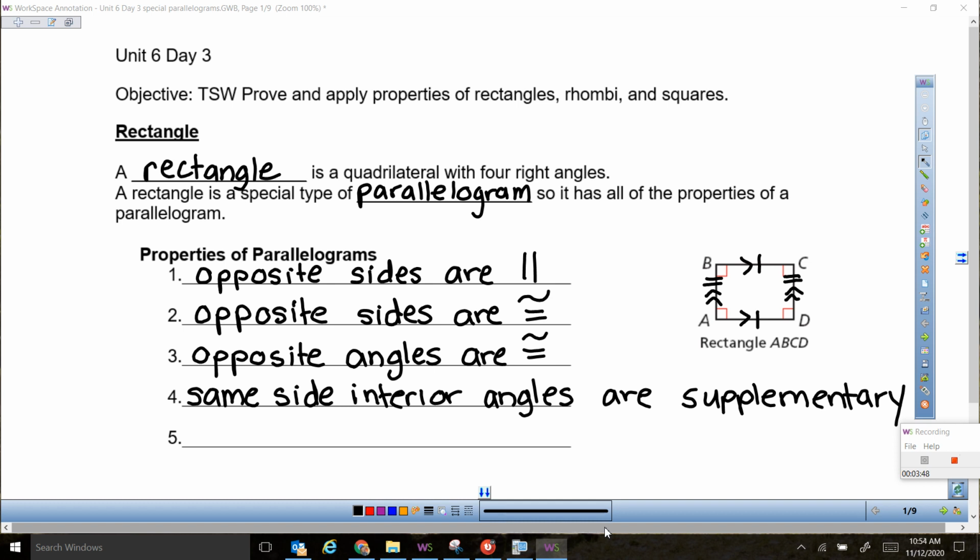Adds to equal 180. And then the 5th property about parallelograms is about the diagonals. Do you remember the property about the diagonals? Oh, they bisect? Yes, the diagonals bisect each other.